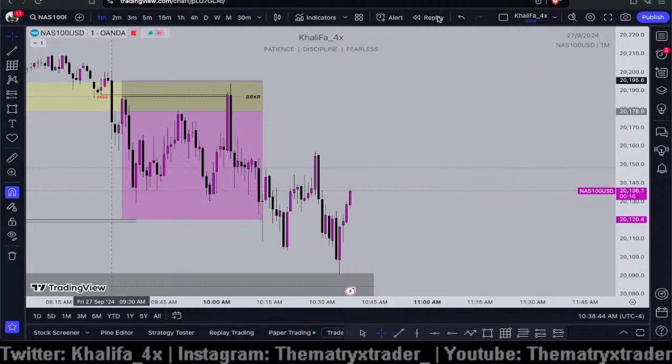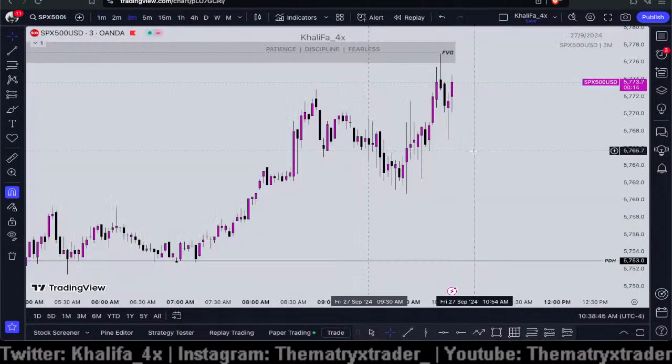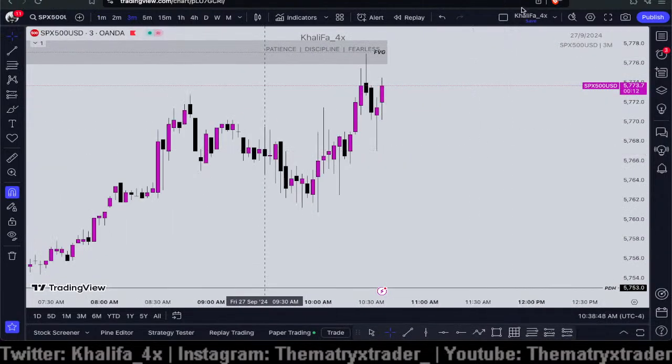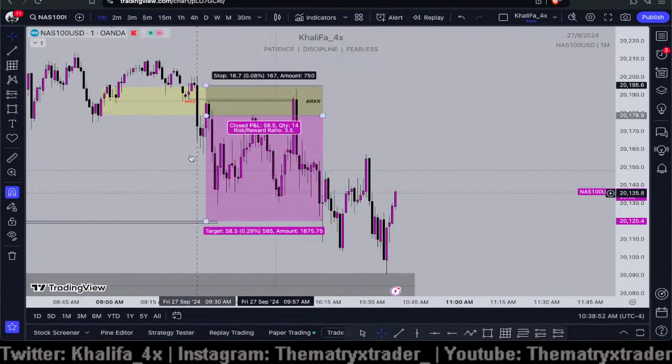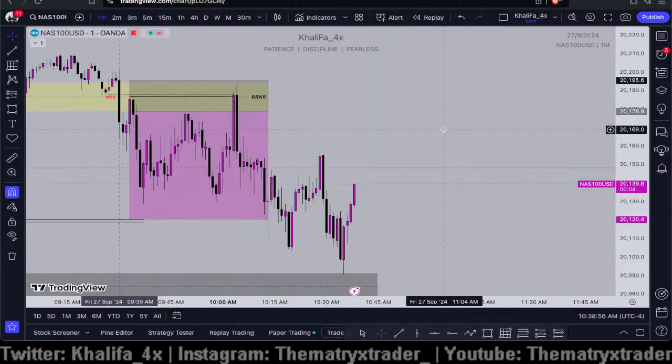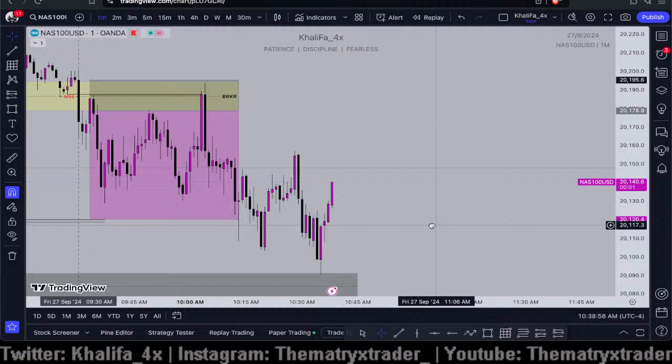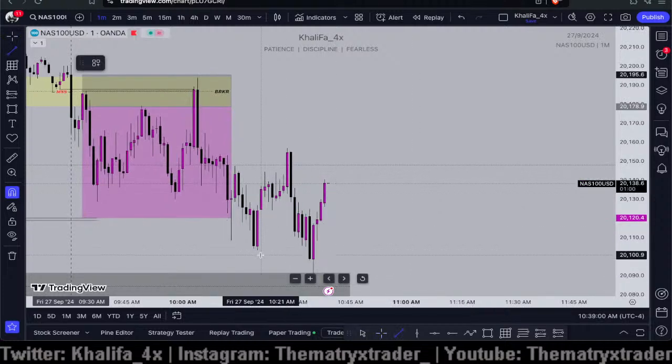Alright, I think we need to wait for a while so that we get more confirmation, because you see the choppiness. That's why. And what I'm expecting is, I'm expecting this as a stop hunt.